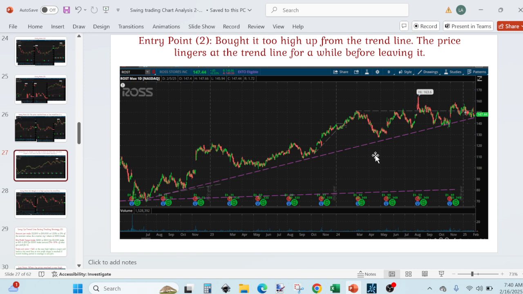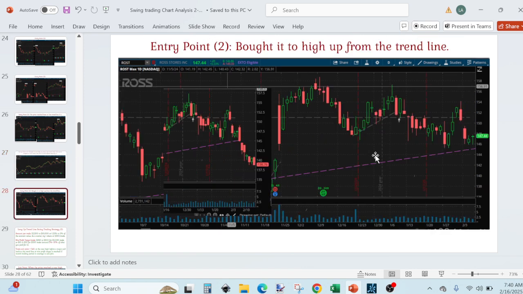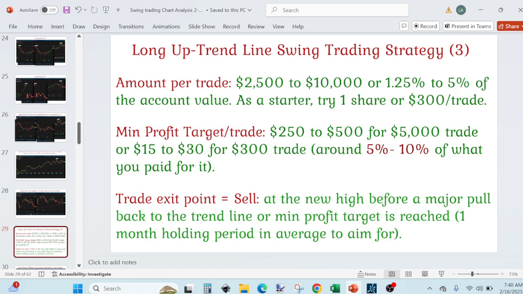Another option here, that I think I must have gotten a little too early, but again, bought it a little bit too far from the trend line because clearly it went back to it. So those are things that we do, and then we learn from it, and we see, okay, we need to wait for that to go back to it.